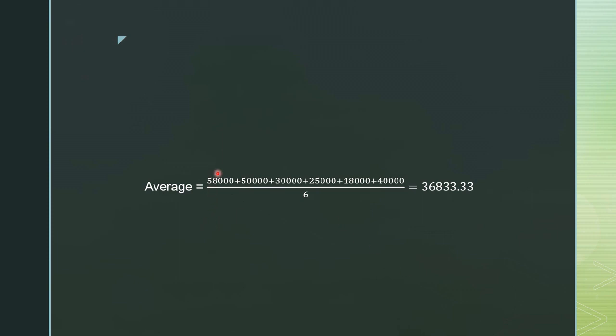We first add all the values, 58,000 plus 50,000 plus 30,000 plus 25,000 plus 18,000 plus 40,000, and then we divide this total by 6, because here we have 6 years, and we get the value 36,833.33. So the correct option is 36,800. Okay. So in this way we can easily calculate data interpretation bar graph questions.